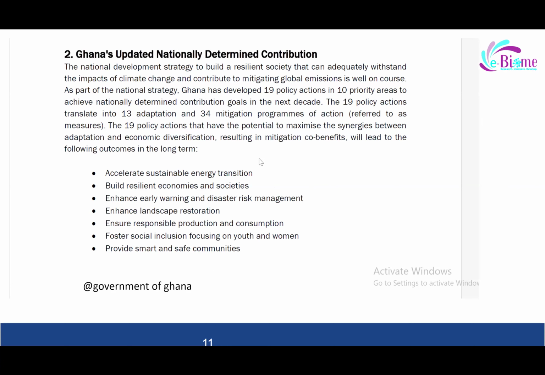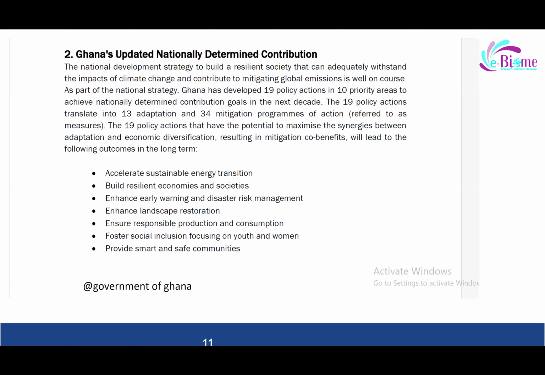So some of these long-term outcomes are to accelerate sustainable energy transition, that is incorporating more solar PV cells and wind energy into the national grid instead of depending solely on the dams and the fossil fuel generated power, electricity generation power plants. Build resilient economies and societies, enhance early warning and disaster risk management systems. So this has to do with Internet of Things, satellite technology and data processing and all of that.